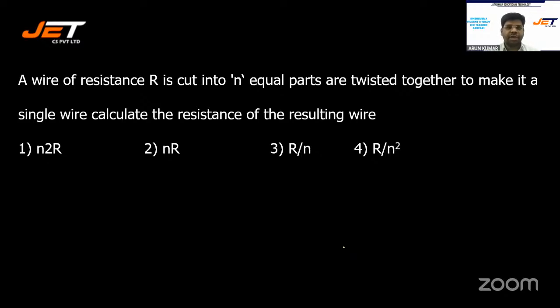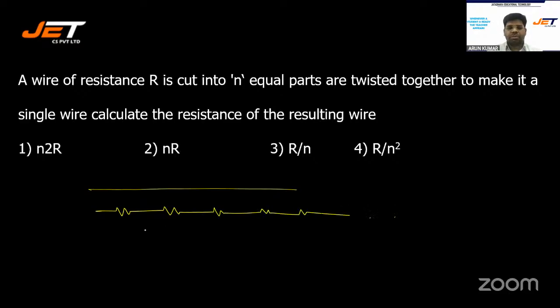The wire of resistance R is cut into n equal parts and they are twisted together to make it a single wire. Calculate the resistance of the resulting wire. Now look, students, a big wire is cut and formed into n resistors.